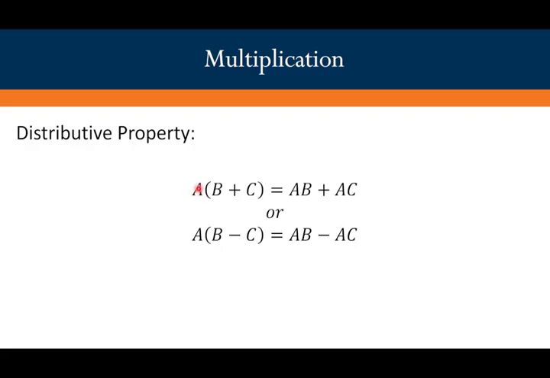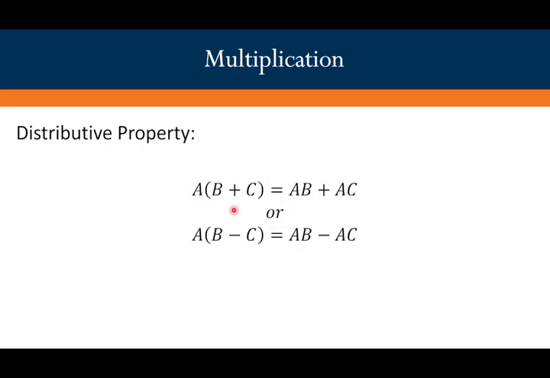We've also used this before, but we're finally defining it. There's the distributive property. So we have something a times parentheses b plus c, or a times parentheses b minus c, and a, b, and c could be numbers, they could be variables, they could be terms with numbers and variables.